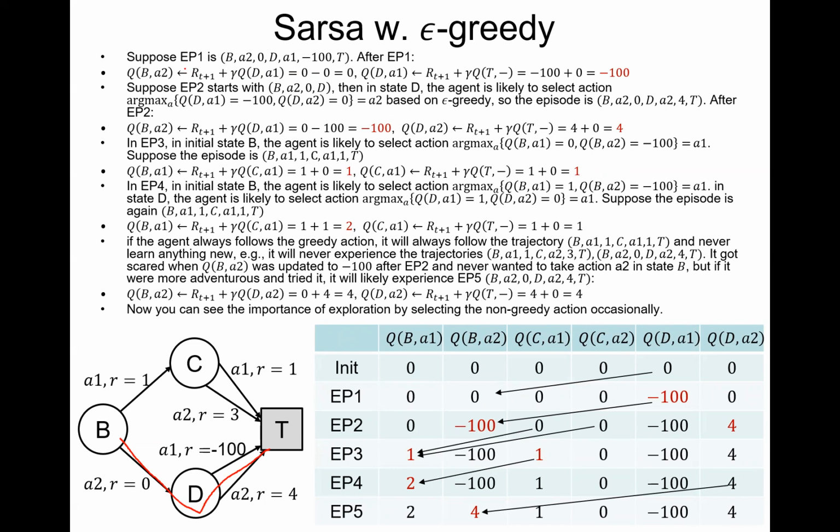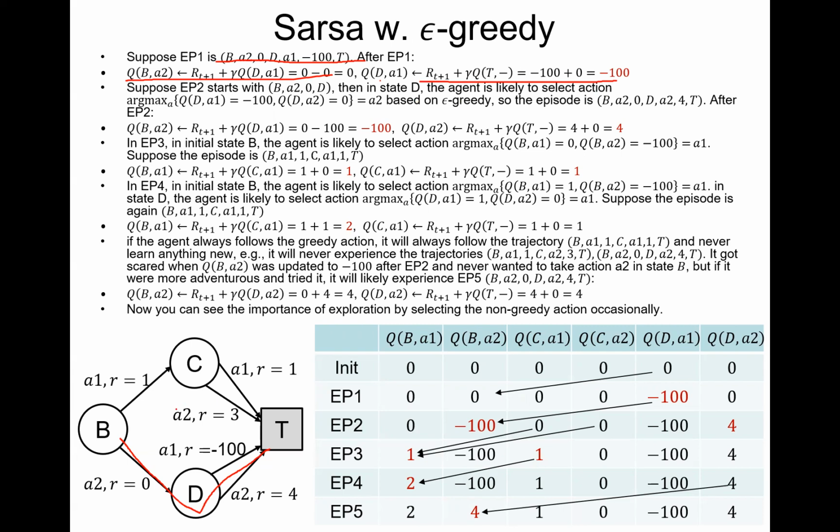Initially, all the Q values are 0, so the agent has no preference. Epsilon greedy is just random. So after episode 1, suppose it has experienced this episode. Afterwards, you will update the Q value of B to 0, Q value of D to -100.